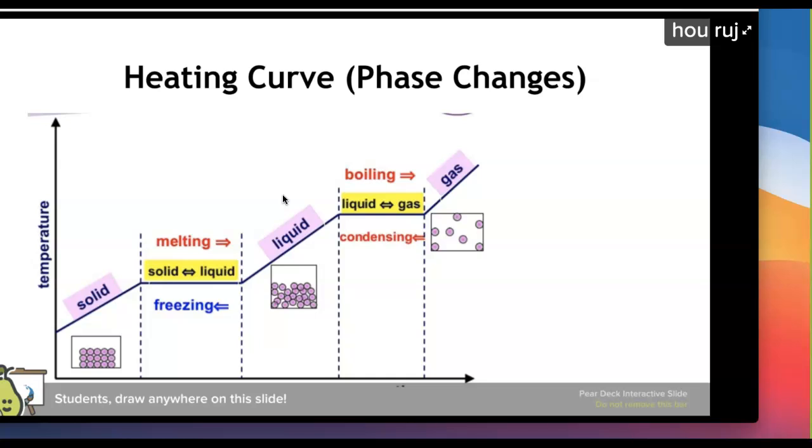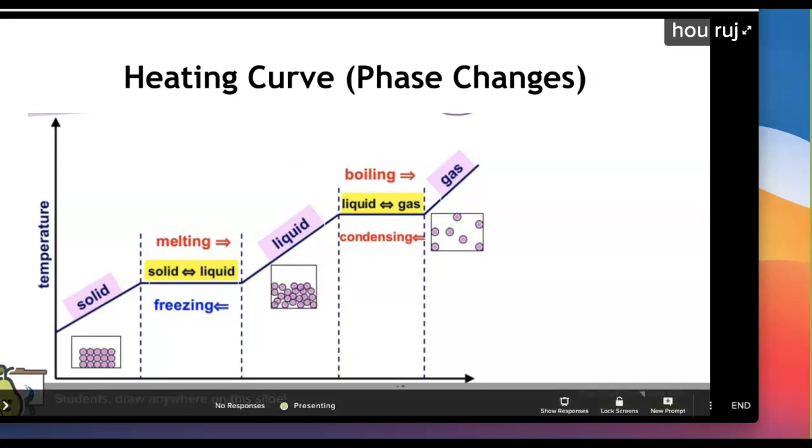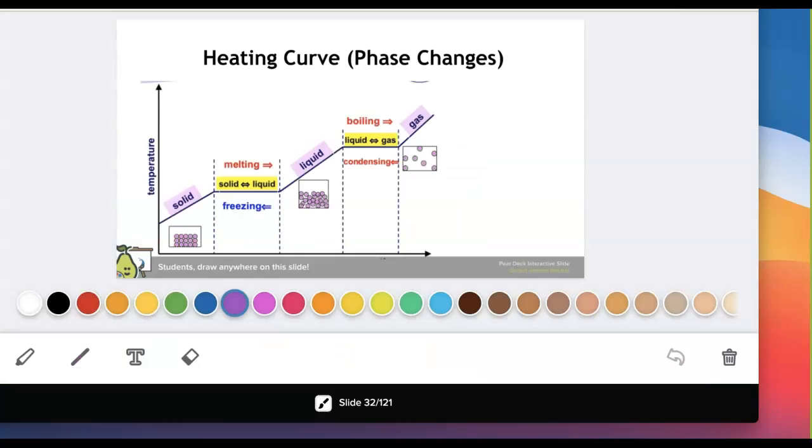Now, this is an example of a heating curve of a substance, all right? So on the y-axis, you have temperature, and on the x-axis, you're just watching as the process proceeds. So right here, along this flat line right here is the substance's freezing point, whatever temperature it is.